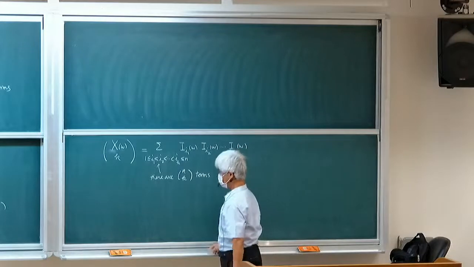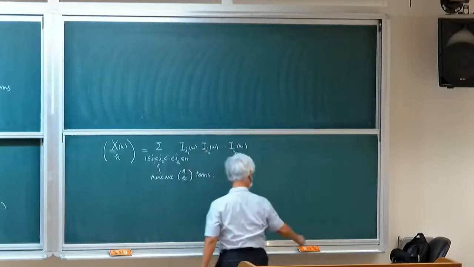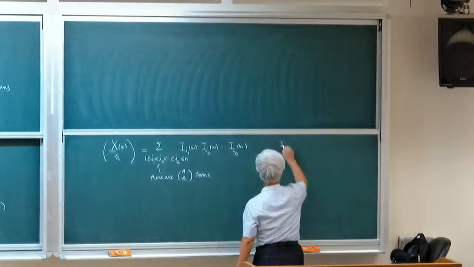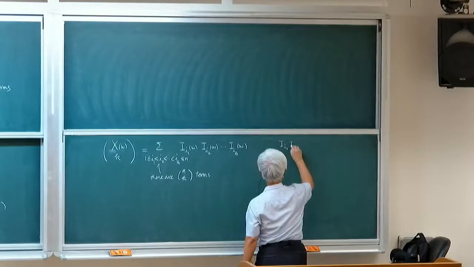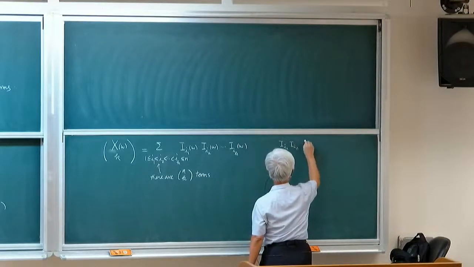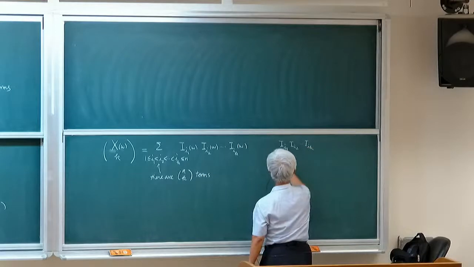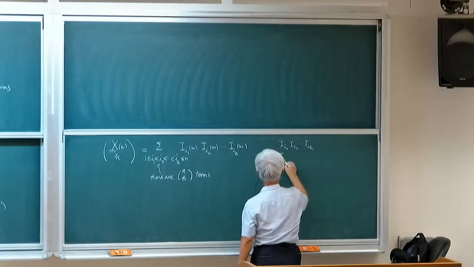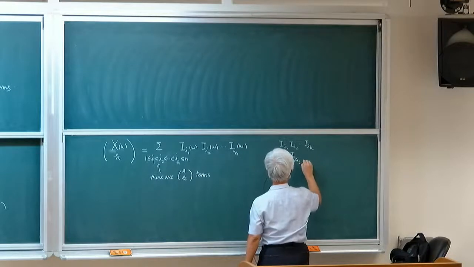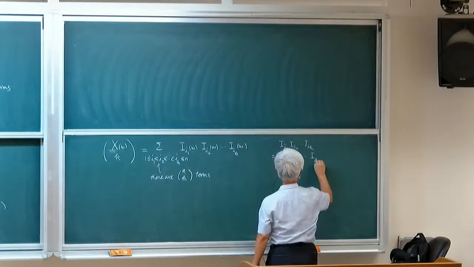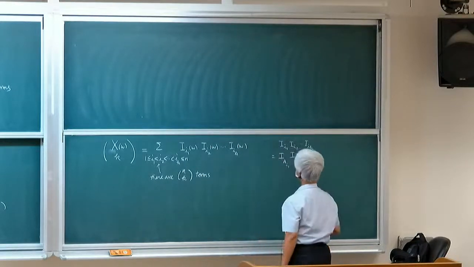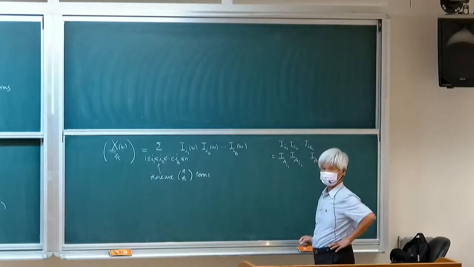As we know, I_{i1} times I_{i2} times up to I_{ik} is the product of the indicators of A_{i1}, A_{i2}, up to A_{ik}.